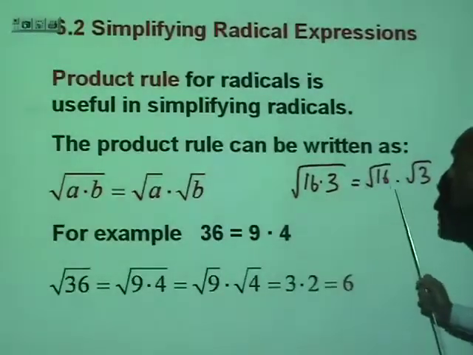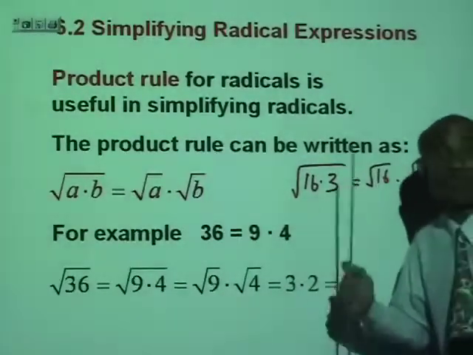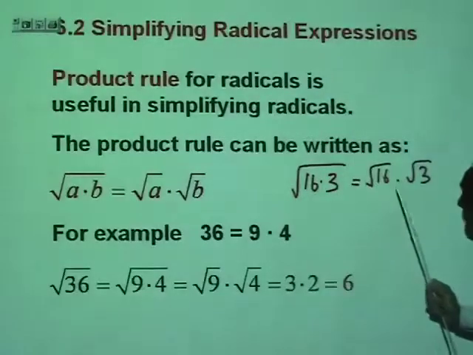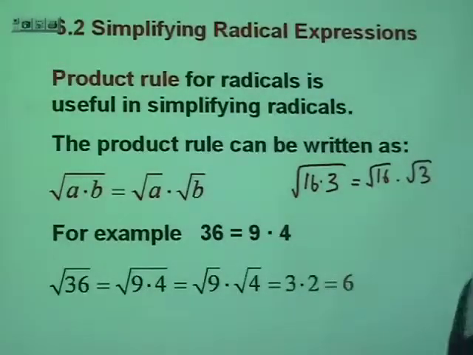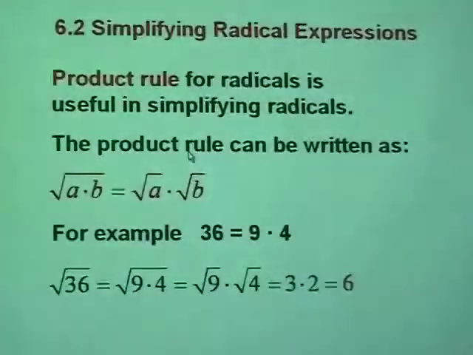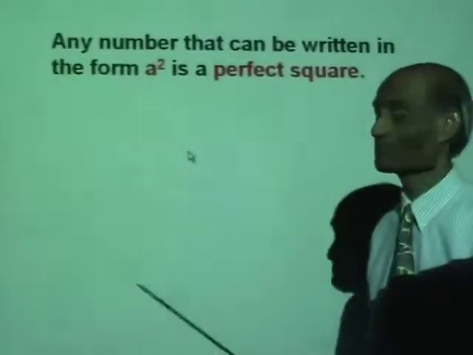Because square root 16 is 4. So I can now write it as 4 times square root 3, and 4 times square root 3, you write as 4 square root 3. Okay, let's use this now to simplify radical expressions.